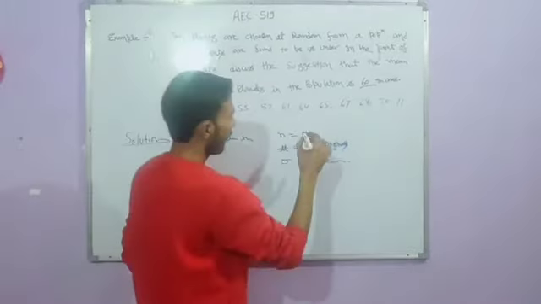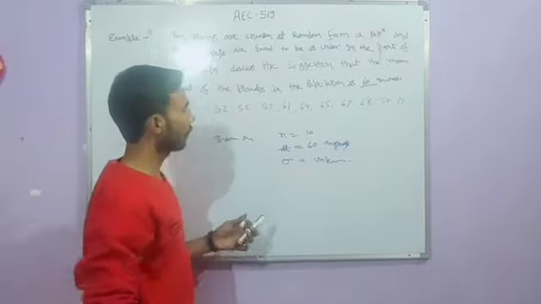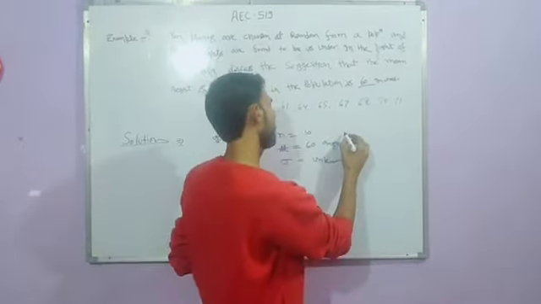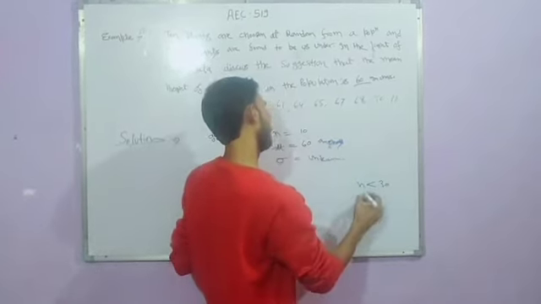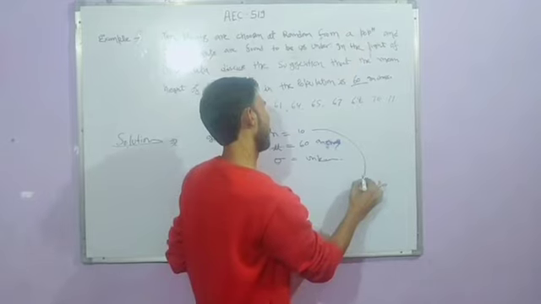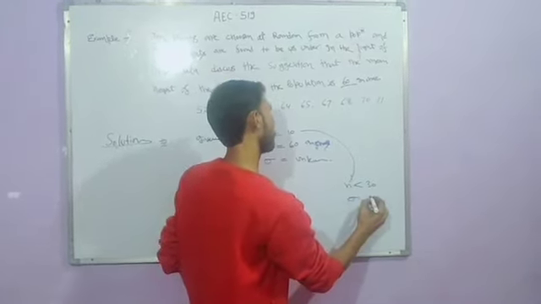Now the assumptions: this example follows the assumptions of the t-test. n is less than 30, and the population parameter is unknown.